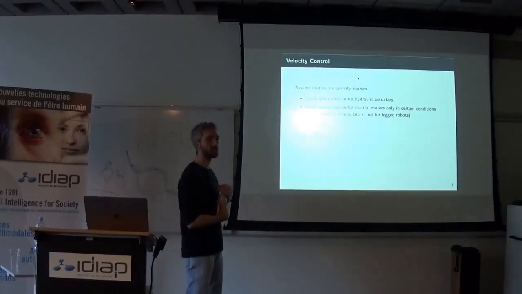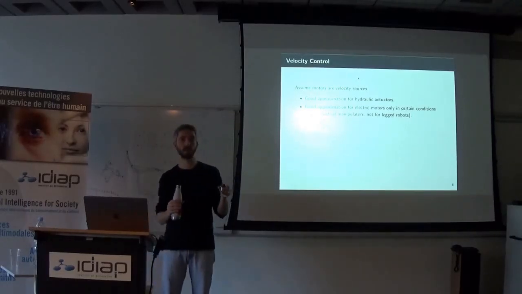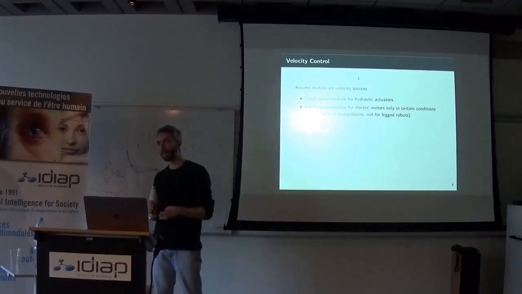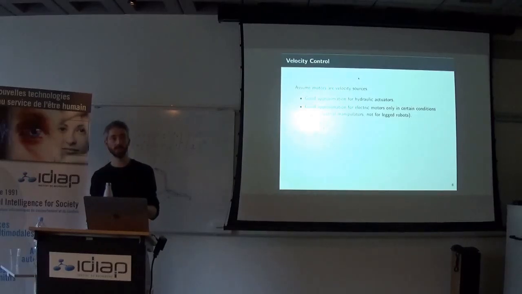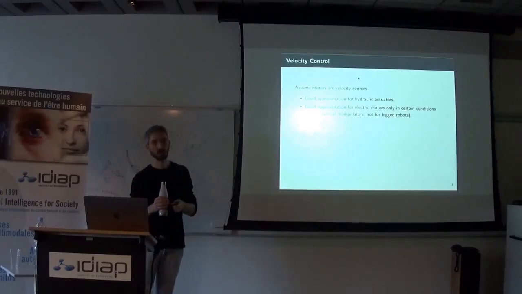So the simplest model you can use is to assume that your motors are generating velocities. So you can directly change instantaneously the velocity of your actuators, so the velocity of your degrees of freedom. That's a very good approximation for hydraulic actuations.